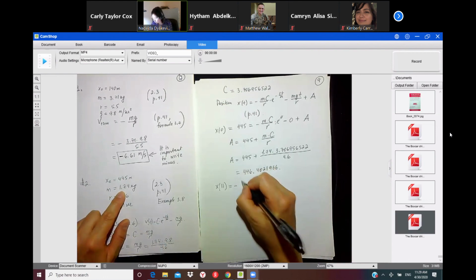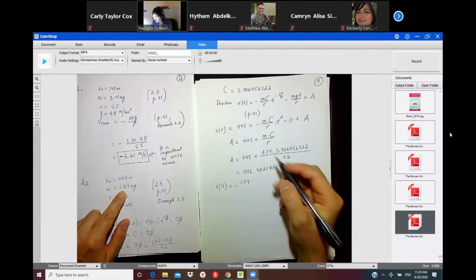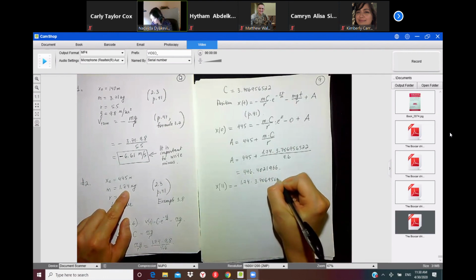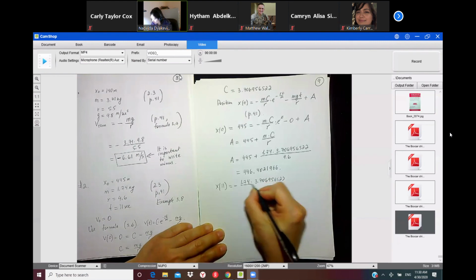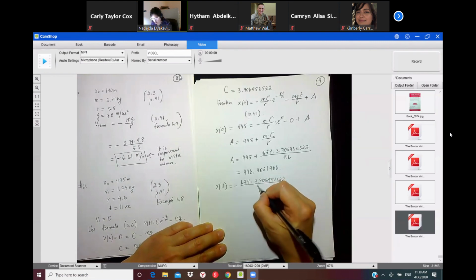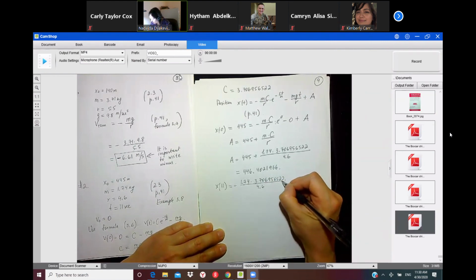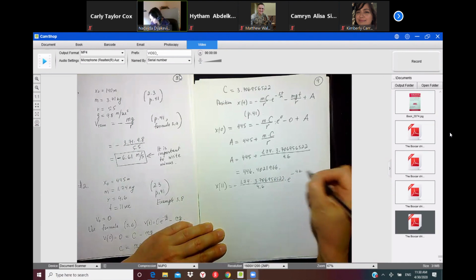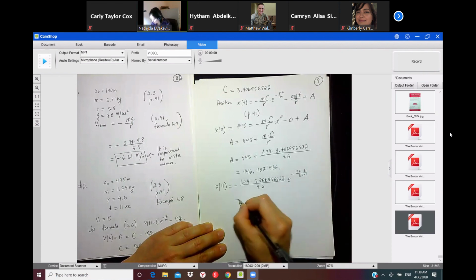Minus 174 times capital C and then divide by R. Then we have e to the negative R T over M. Again, pretty tedious.